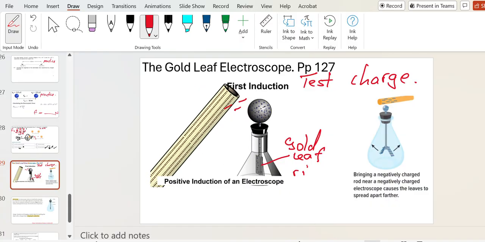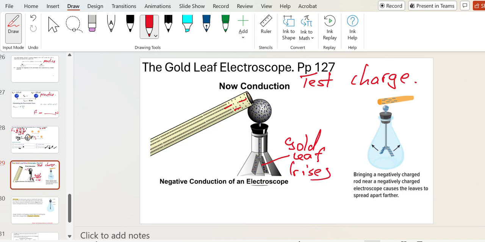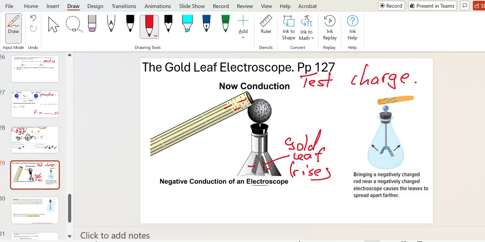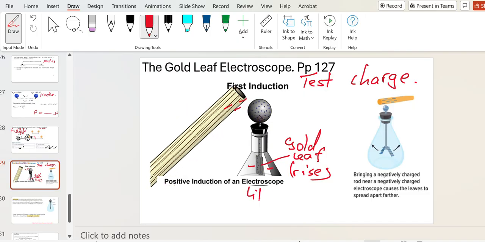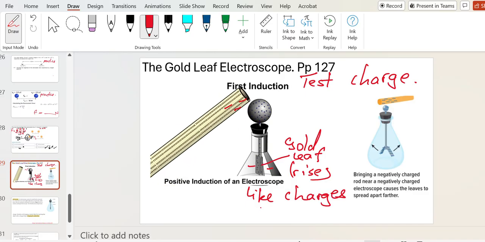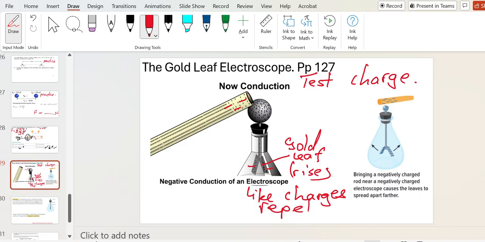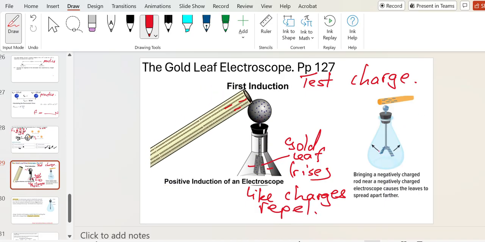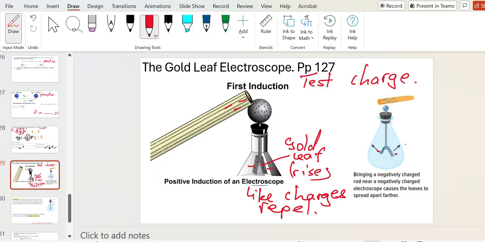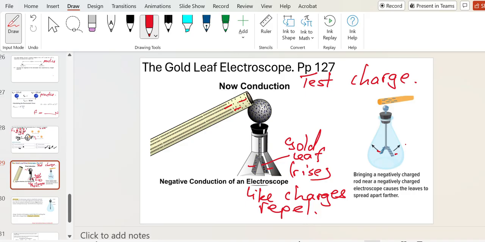They rise. Why? They are like charges. This one is minus, this one is minus. Like charges repel. That's why the leaf rises. So we use it to test the type of charge.